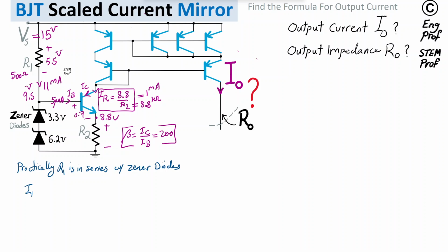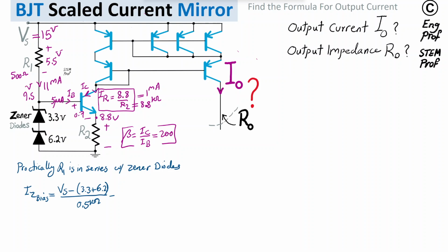So the bias current IZ, let's say, the current of Zener diodes bias, is simply, as I did, Vs minus 3.3 plus 6.2 volt divided by 500 ohm, which is 0.5 kilo ohm.